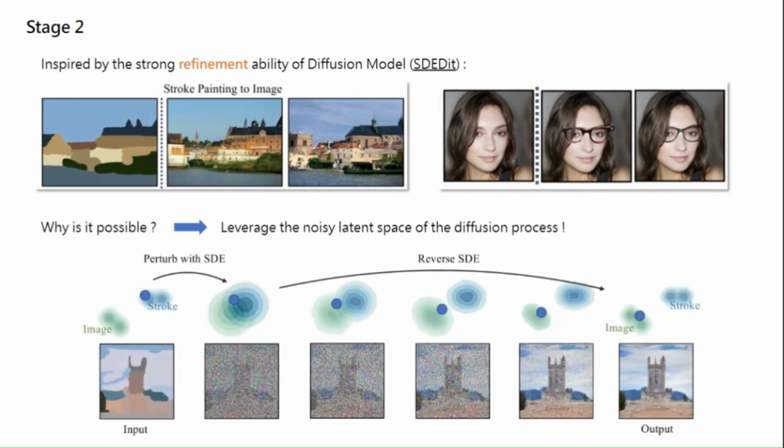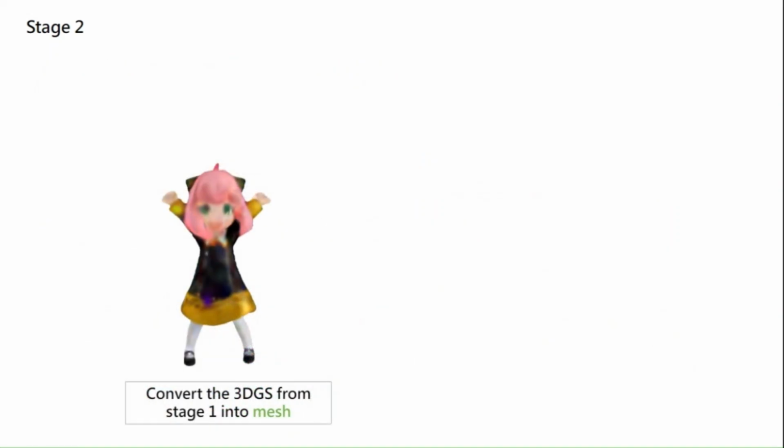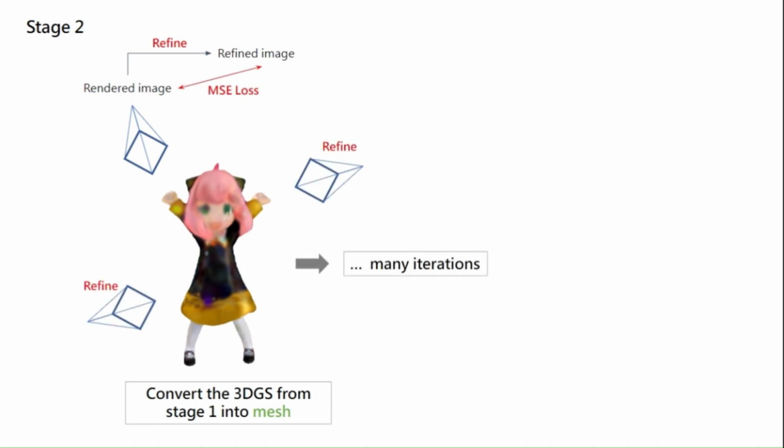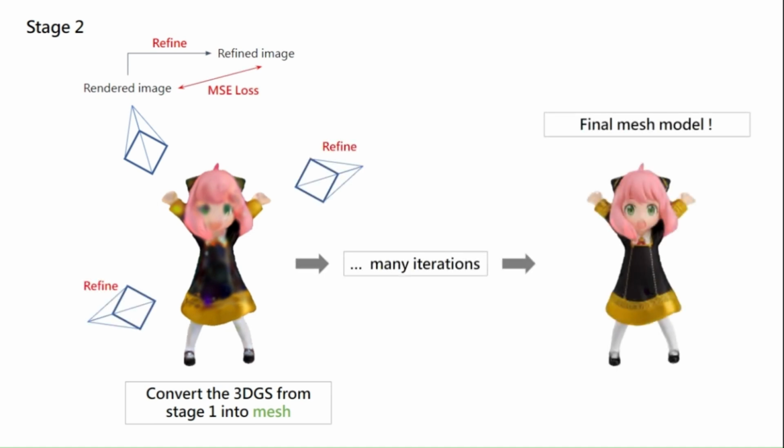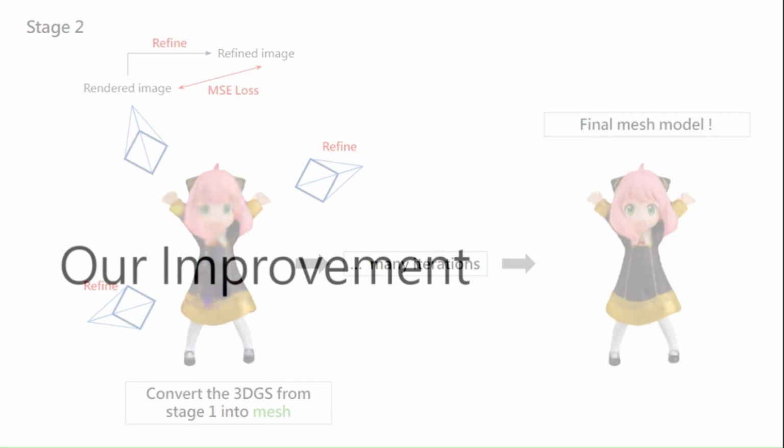Remember that SD-edit method has the capability of refining unrefined parts of the image. So in stage 2, similar to stage 1, given a single view, we generate the refined view of it and then calculate the MSE loss. Multiple views and multiple iterations would generate our final refined texture of the mesh and the refined final result.